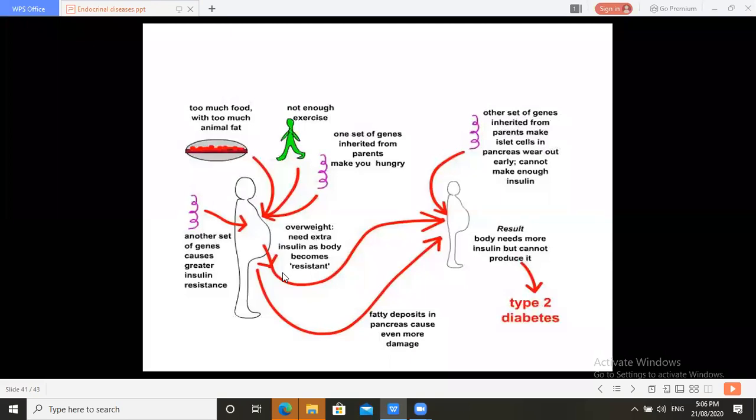Poor wound healing, because of the presence of glucose in the blood.